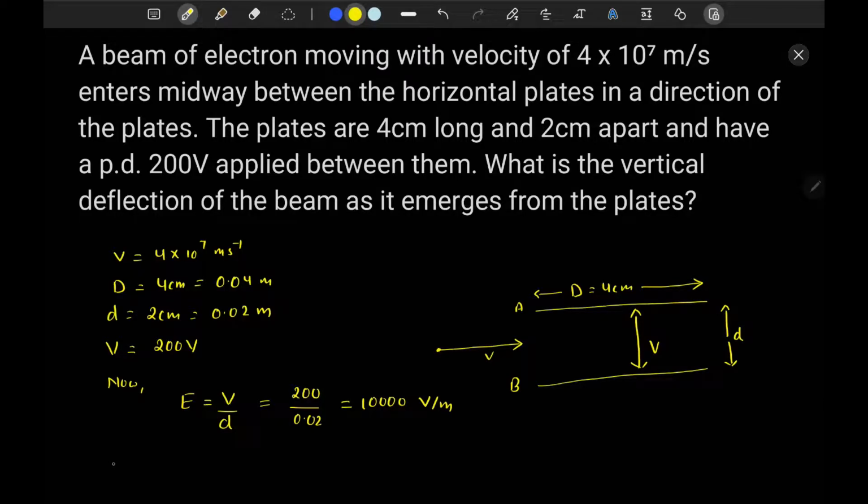Now we have to calculate what is the vertical deflection of the beam as it emerges from the plates. So we have a direct formula for deflection, which is y equal to 1 by 2 eE by m into d square by v square.